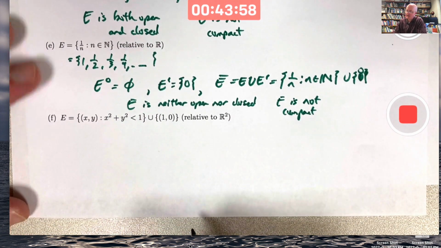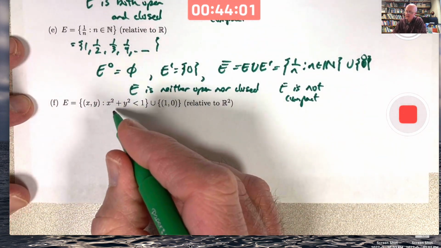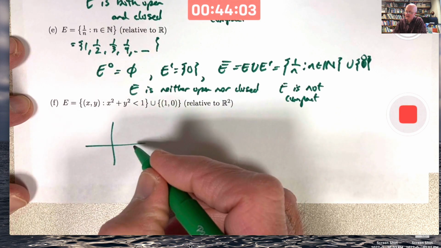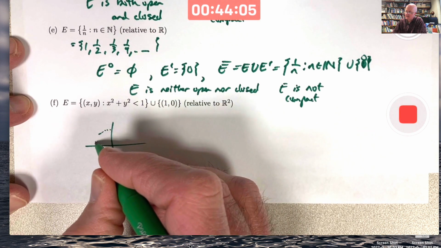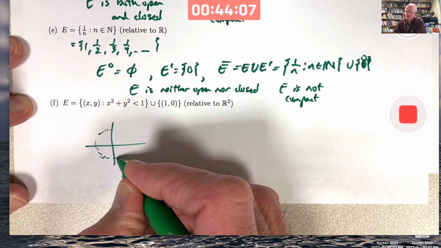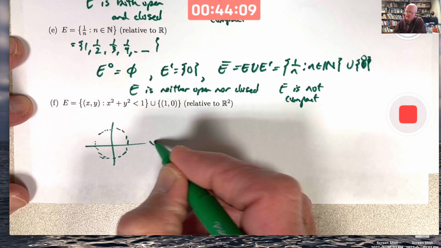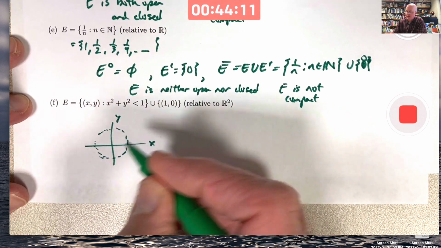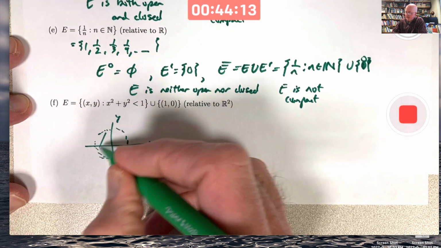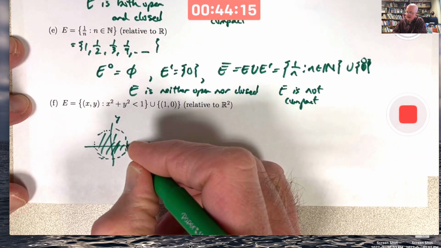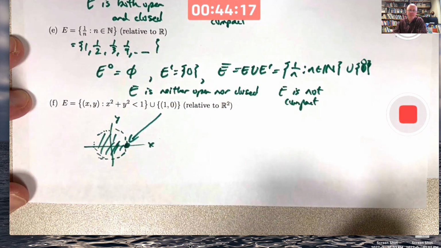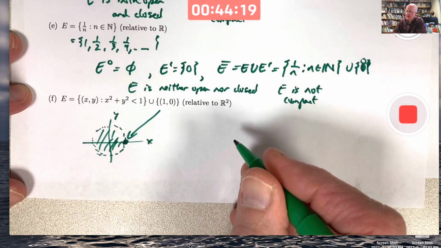Finally, we've got a two-dimensional example. This is the unit disk in the plane, set of all points such that x squared plus y squared is less than 1. Everything inside the unit circle, and just for kicks, adding on the point (1, 0) relative to the plane here.